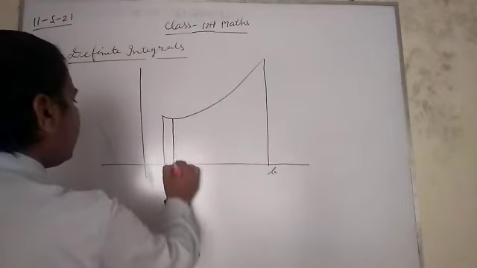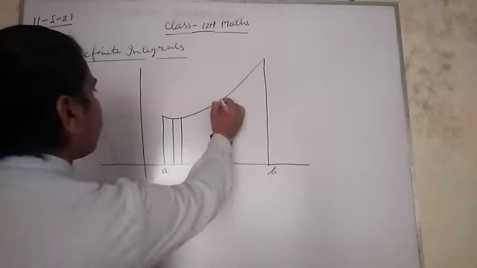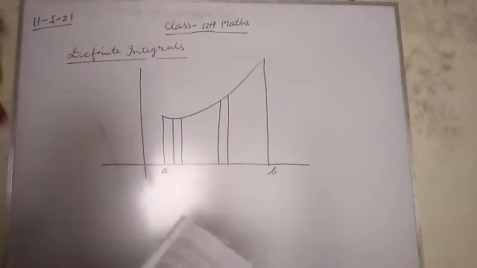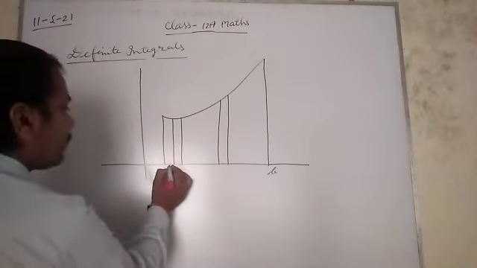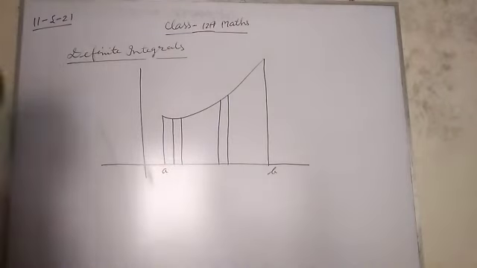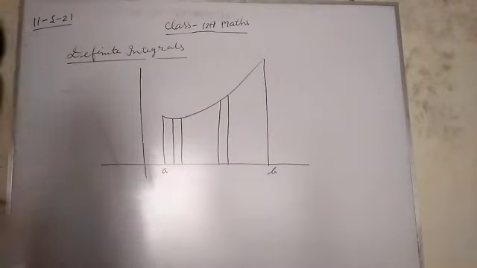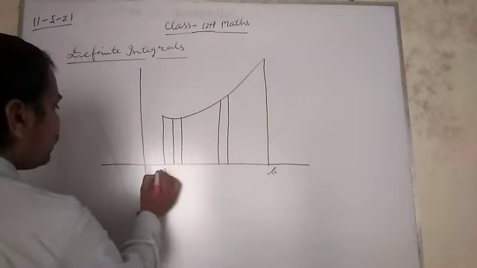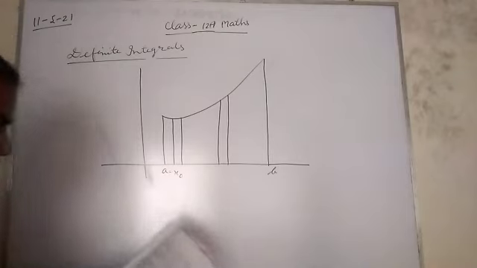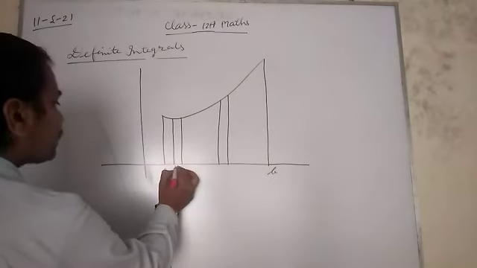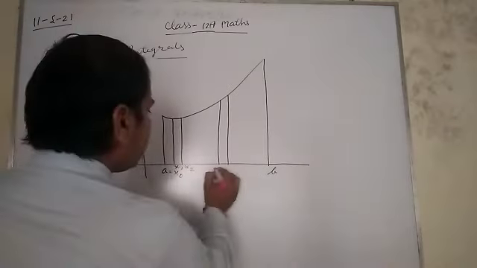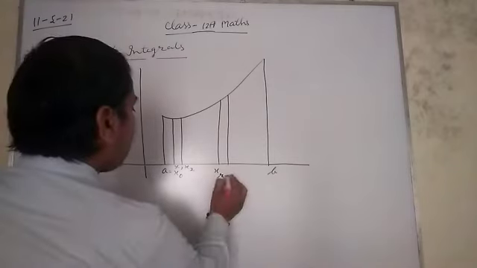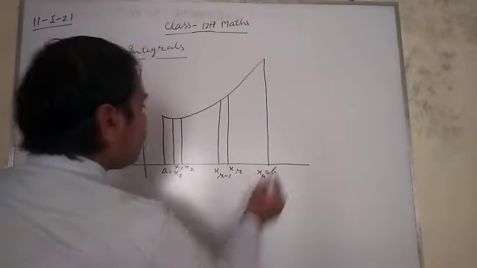Each part has width h. This is x0, then this will be x1, x2, dot, xr minus 1, xr, and the last part will be xn.